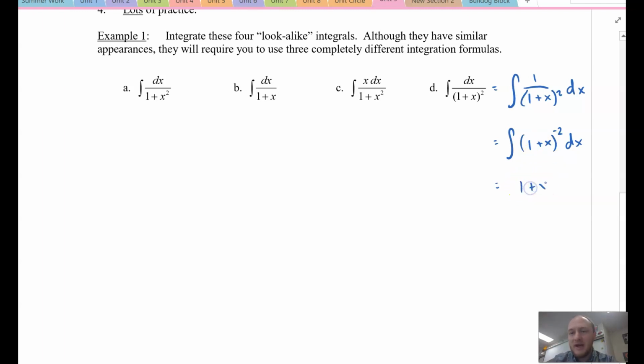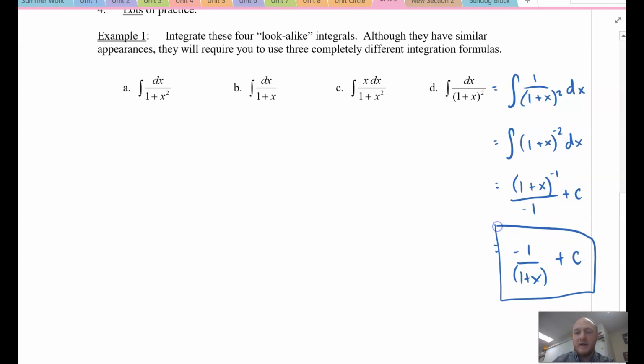So 1 plus x, okay, this power, I'm going to add 1, this gives me -1. I'll divide by -1 and we get plus c. So here's your answer, right? Negative, and if you want, you can drop this into the denominator, 1 over 1 plus x, right, plus c, and there you have it. Okay, now does that work with the rest of these?